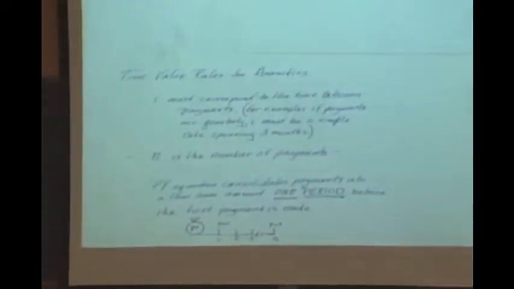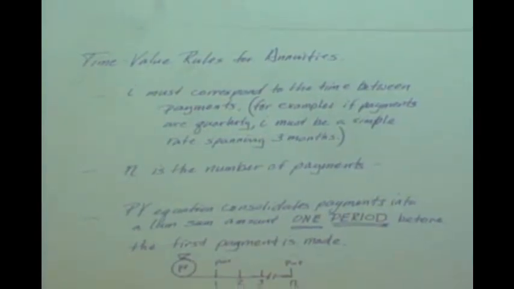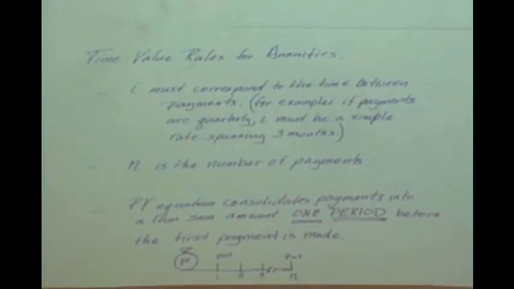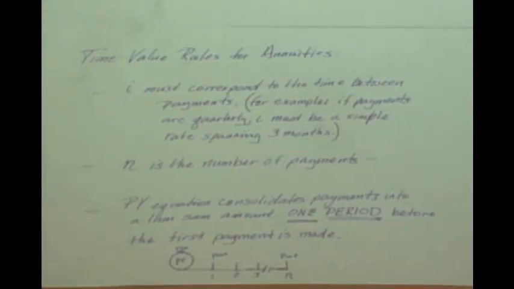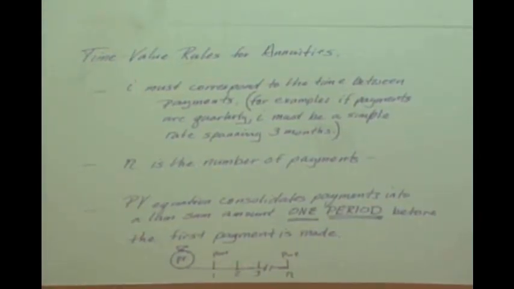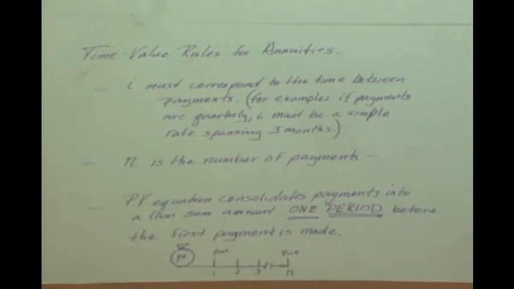These annuity equations and annuities are a little more complicated, even though they are just a stream of building block equations. Certain time value rules apply to them. The first rule is very similar to the rule we learned about the building block equation, and that is that i, the interest rate, must correspond to the time between payments.